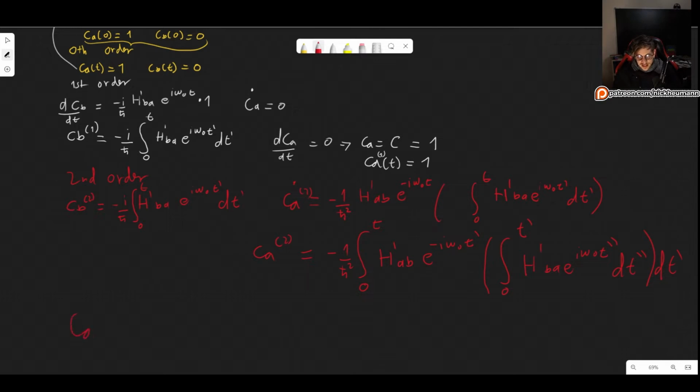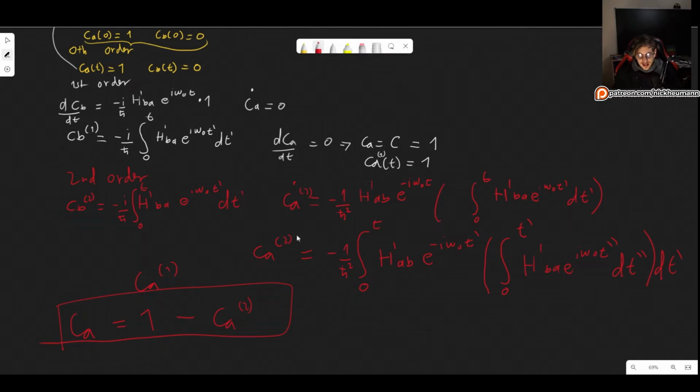And of course, CA would thus simply be 1, which is CA to first order, minus all of this, giving CA to second order. This is what is important.